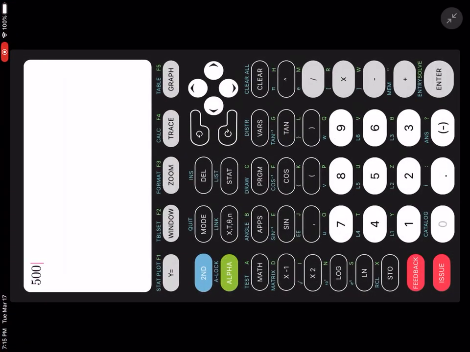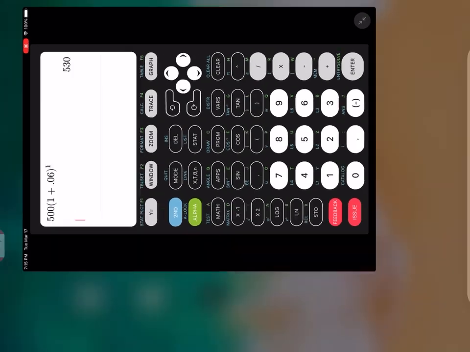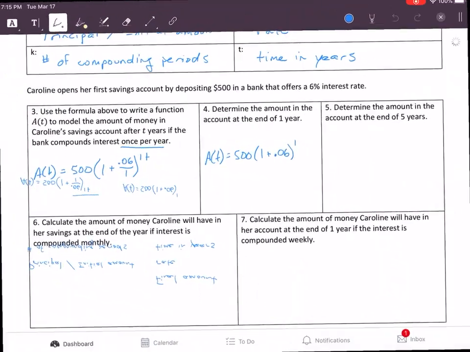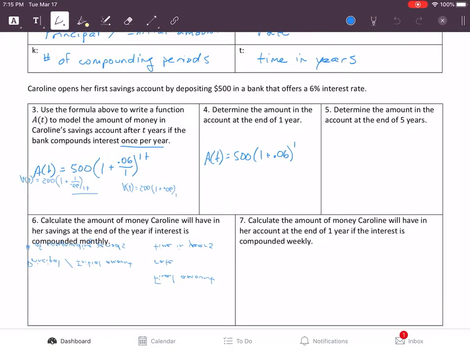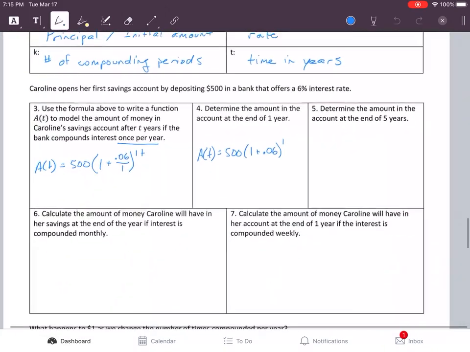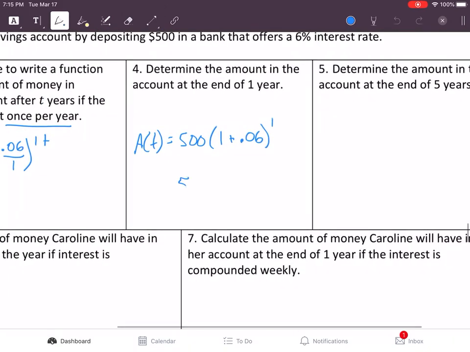So we have 500 times 1 plus 0.06, close the parentheses, to the first power. That's going to give us $530. There's our answer.